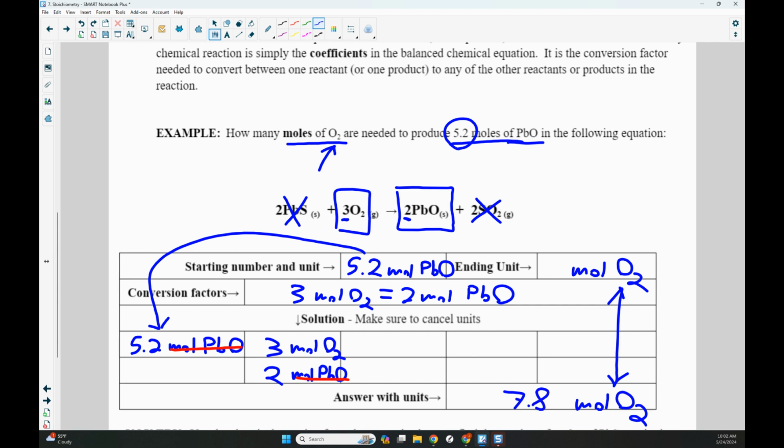So we just figured out that in order to make 5.2 moles of PbO, lead oxide, it is going to require 7.8 moles of oxygen, O2. So pause the video and give the U-try a try.